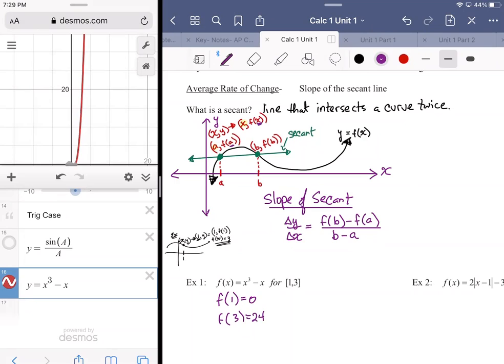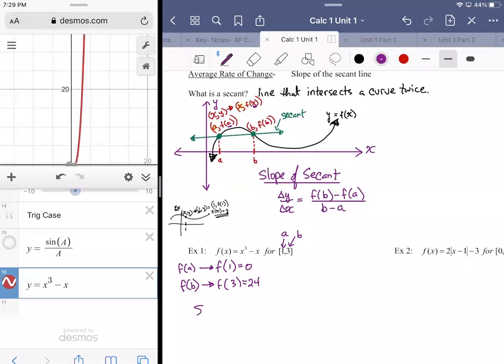All right. So if I tell you that this is the a value and this is the b value, then I'm saying that this is f of the a value, and this would have to be f of the b value.